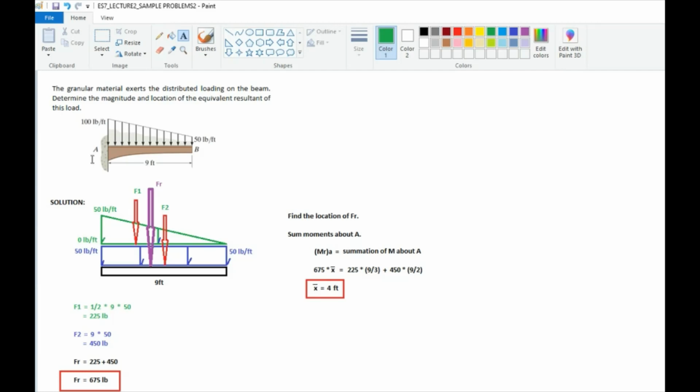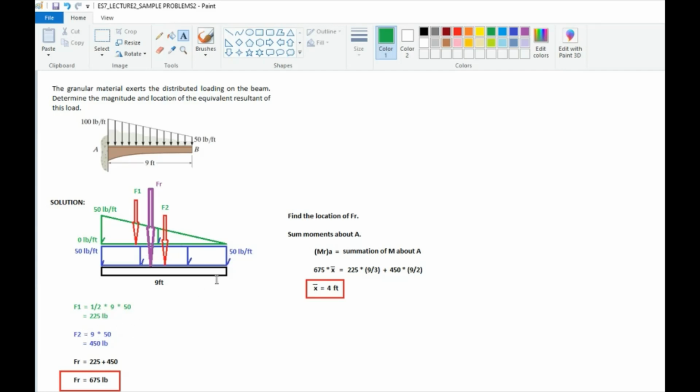Okay? So, ayan. Ngayon, kukunin natin yung force. Let's say this is area 1, yung green, and area 2 yung blue. Okay? So, yung force kay area 1 is just 1/2 times base times height. Base na 9, height na 50, you get 225 pounds. Force kay area 2, that is base times height.